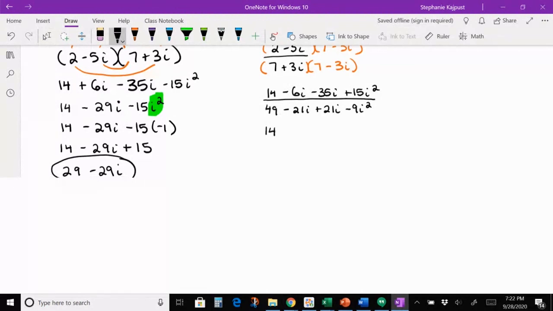So I've got 14. Then I have negative 6i minus 35i, so that's negative 41i, plus my 15i squared. In the denominator, I have 49. The minus 21i and the plus 21i cancel out, and then I have minus 9i squared.